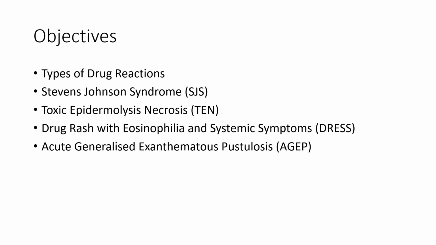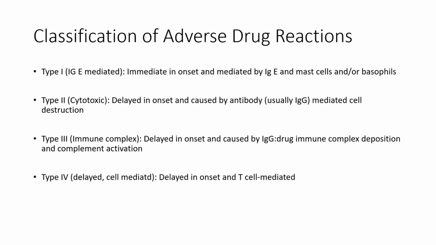Today we're going to be looking at the types of drug reactions, and specifically Stevens-Johnson syndrome, TEN, toxic epidermal necrolysis, drug rash with eosinophilia and systemic symptoms, and acute generalized exanthematous pustulosis.